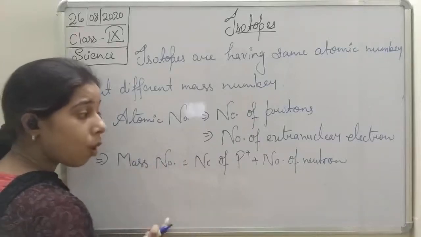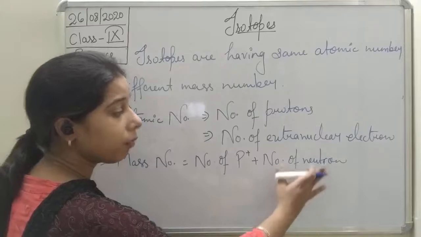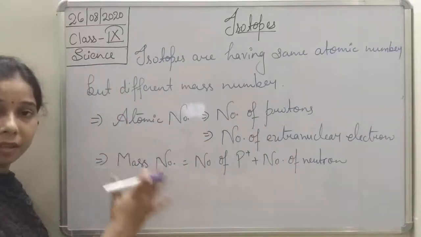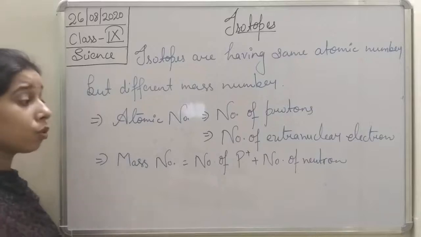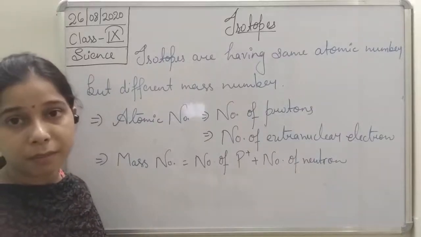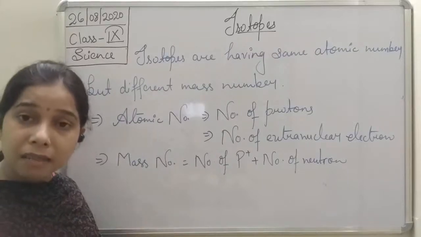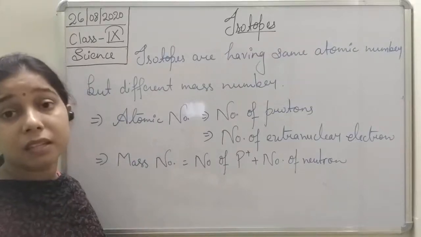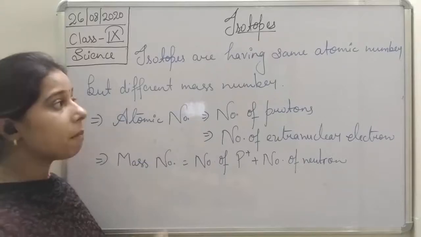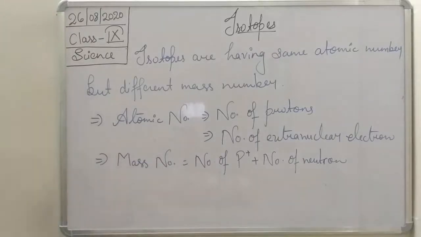So it is because of the change in the number of neutrons that the mass number will be different. Okay. So atomic number is same, it means number of protons is same. And if the mass number differs, then we can say it is because of the change in the number of neutrons that the mass number varies. So we can write it.